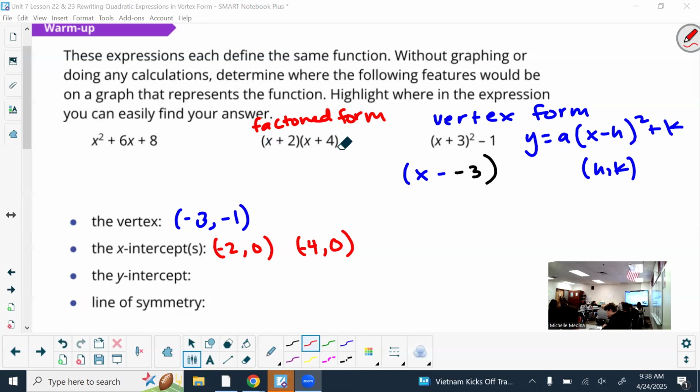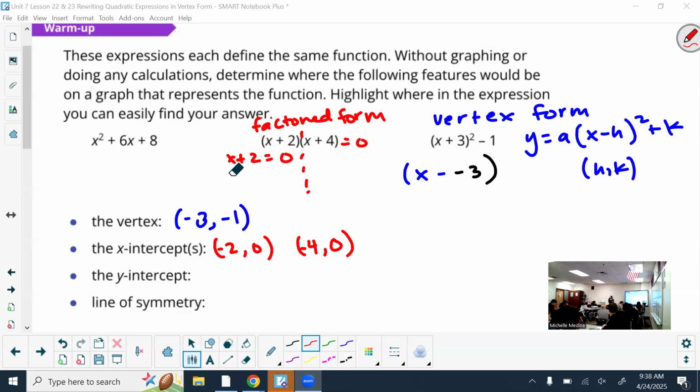And the reason why is because when we set it equal to 0, so actually solving for our x-intercepts, that makes the y 0. And we set each factor equal to 0 and solve for x. What plus 2 will give me 0? You guys look like you're zoned out.